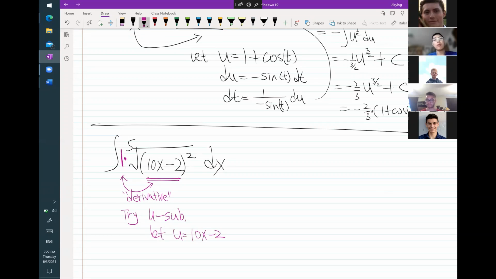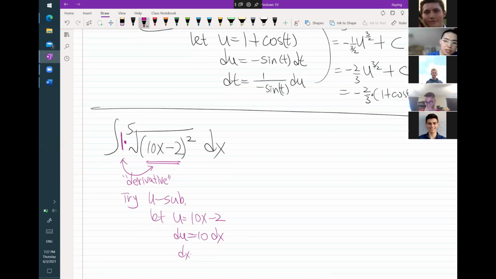You probably wonder, can we try with 10x minus 2 squared? Well, you can try that, but then you kind of introduce a new term. It may work, but it's not straightforward. So I'm going to try with u equals 10x minus 2. So du equals 10 dx. Even though it's a 10, it's just a constant times dx.